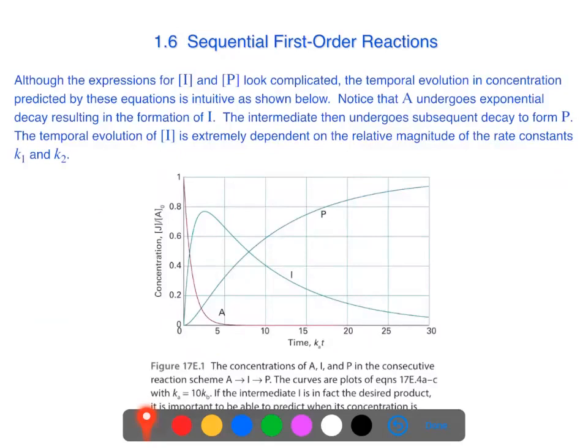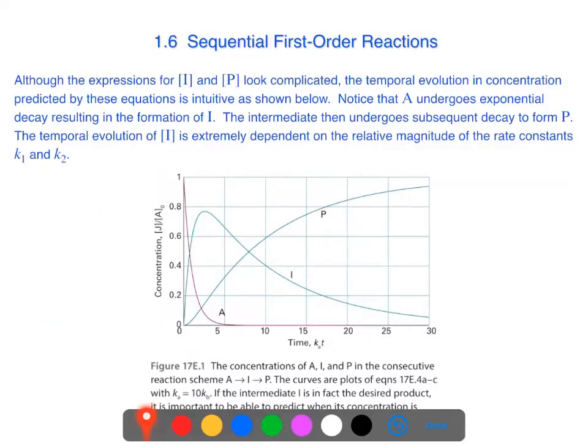Now, although the expressions for the concentration of I and the concentration of the product look complicated, the temporal evolution in concentration for both these species predicted by these equations are relatively intuitive. So let's look at this particular figure to discuss that in more detail.